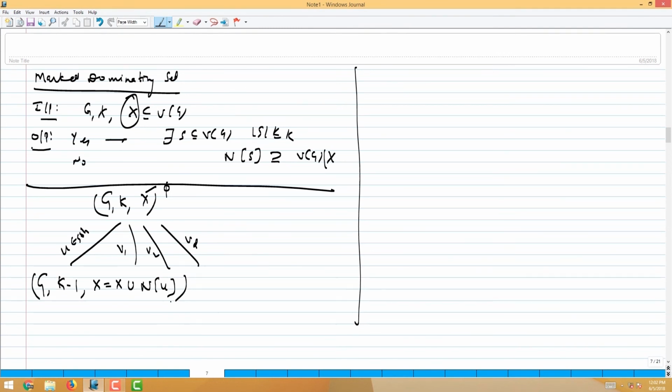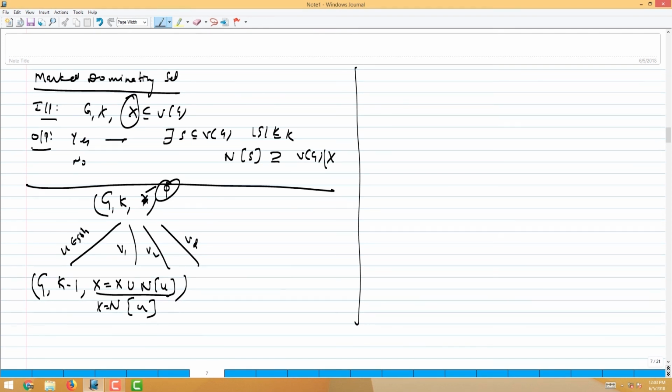To start with, X was phi. In this instance, you are trying to find a dominating set that dominates all the vertices that were not covered by u, because the vertices of X were already covered by u. So you only want to dominate whatever remains.